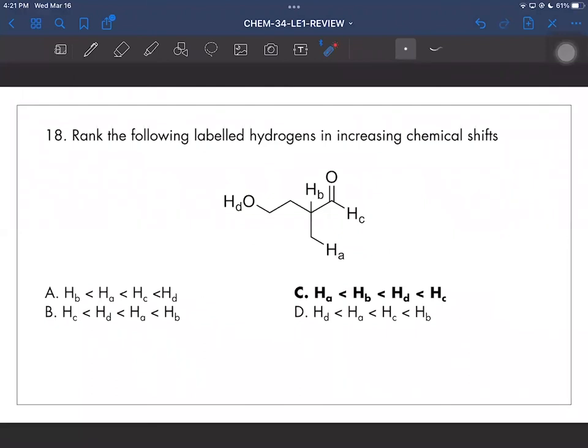So in this problem, we are to rank the following labeled hydrogens with increasing chemical shifts. So this is just a review yung usual chemical shifts natin ng H-NMR. So let's take note lang with what types of hydrogen yung labeled hydrogens are. So HA is a methyl H, since there are two H's pa dito.